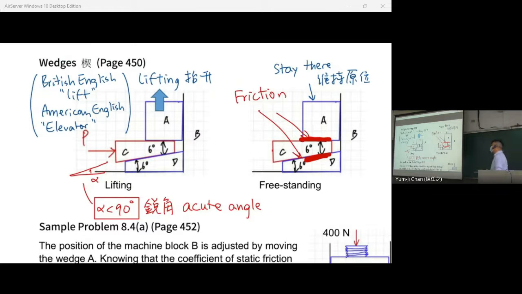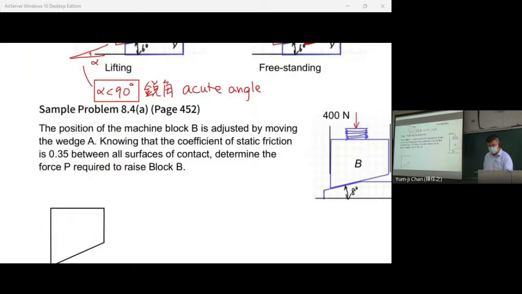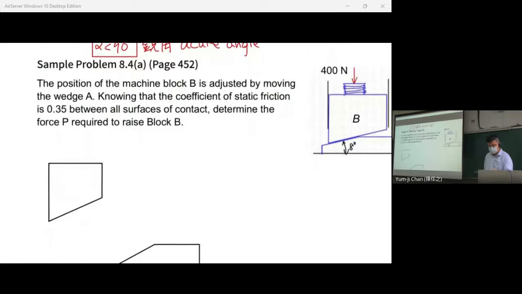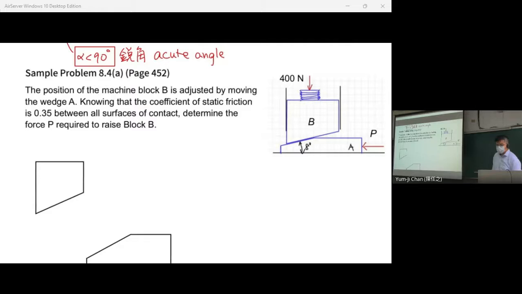So in this kind of problem, we want to determine the P required to lift block A. Let's work on an example here. Let's work on sample problem 8.48. A position of machine block B is adjusted by moving the wedge A. So if we put a force P to block A, B will move upward.